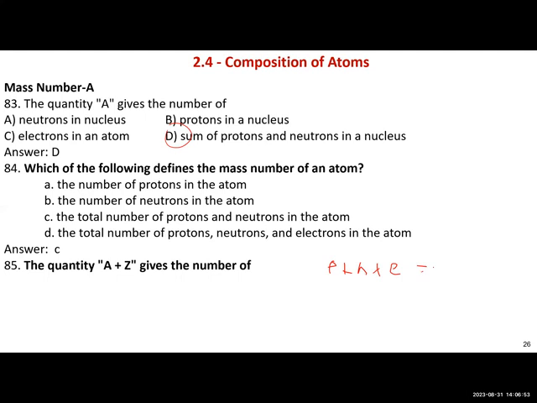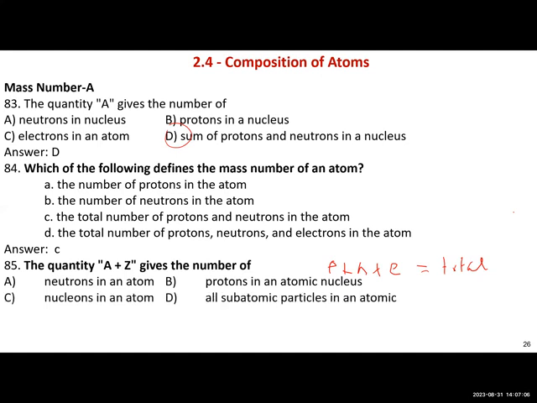Therefore, it gives the total number of subatomic particles. Neutrons in the atom, A plus Z gives protons in the nucleus. No. Nucleons in the atom, all subatomic particles. That's the answer. Do you guys have a question?